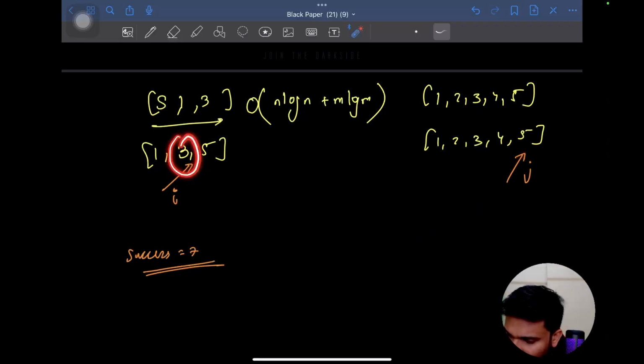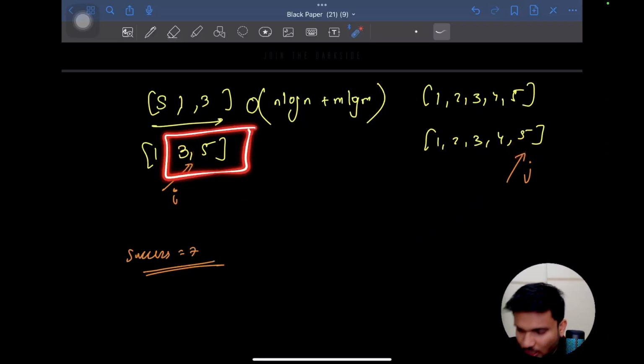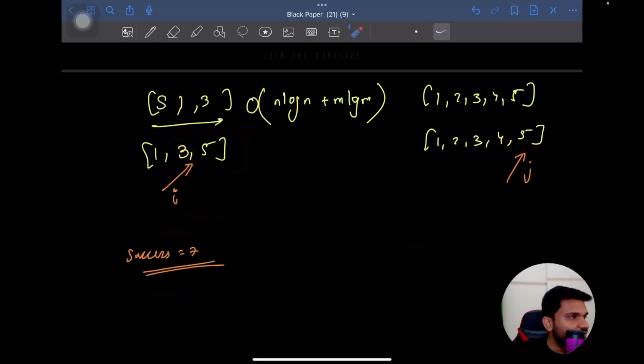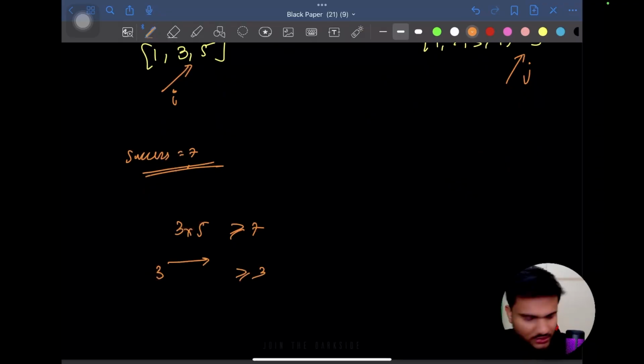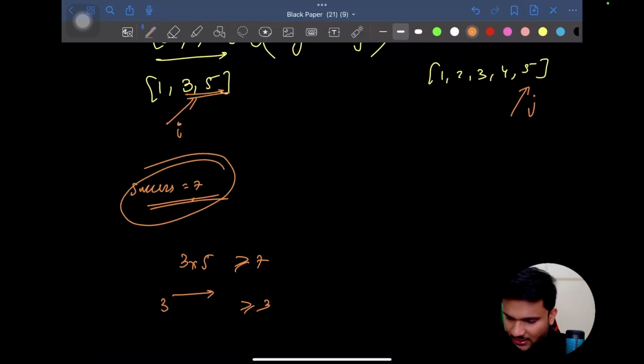If 3 into 5 is greater than or equal to 7, then can I say everything to the right of 3 multiplied with 5 will also be greater than or equal to 7? Yes or no? Think about it. If 3 into 5 is greater than or equal to 7, everything to the right of 3 is greater than or equal to 3. So all of these values can be part of your answer. Yes or no?